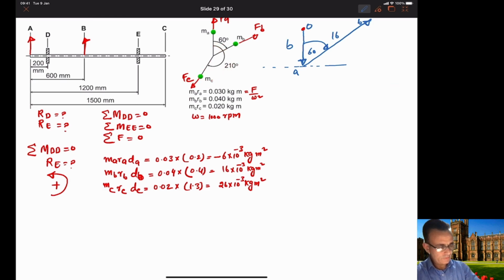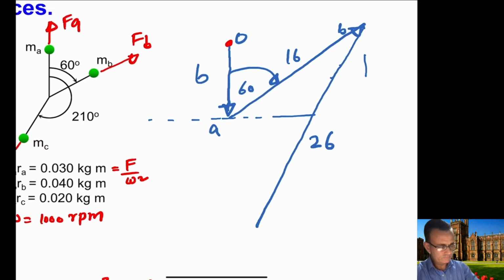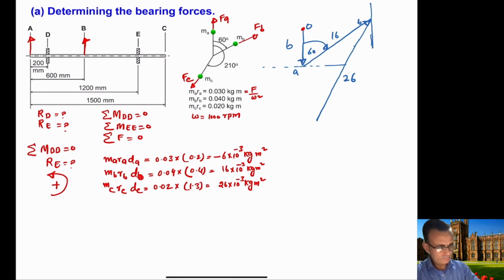The angle that this is making is 210 with the vertical here. So you will make this angle here, and this is 26, and the angle which it should make with the vertical is this angle, 210 degrees here.